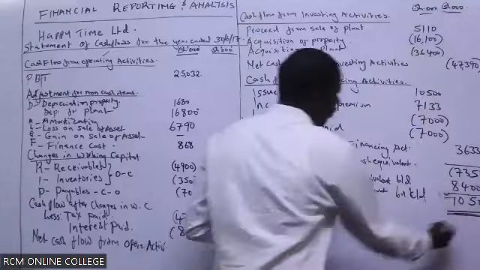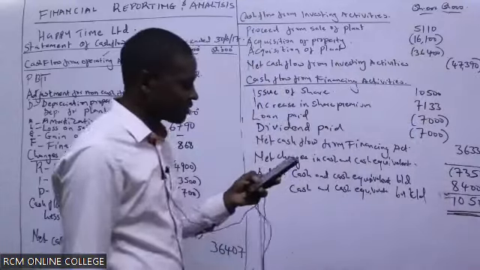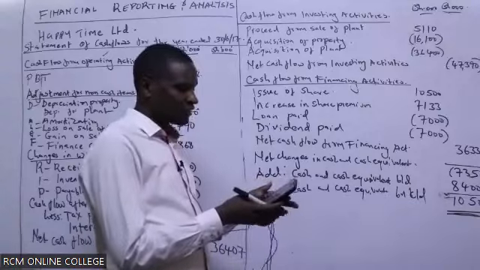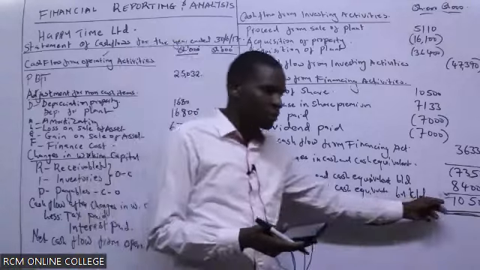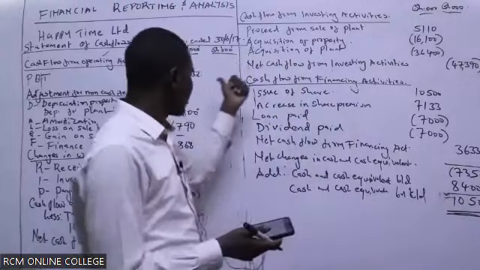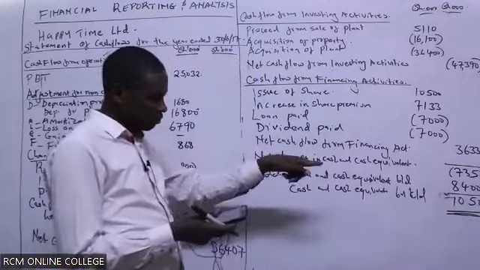Now when you look at what you have as a cash balance at the 2017 year, I hope you are able to see this. So with the mistake, we could not have gotten that.